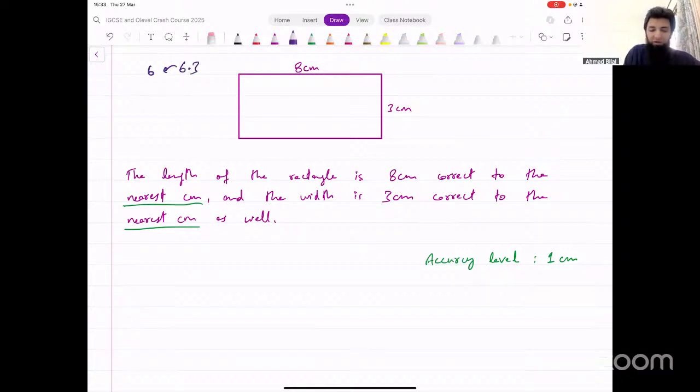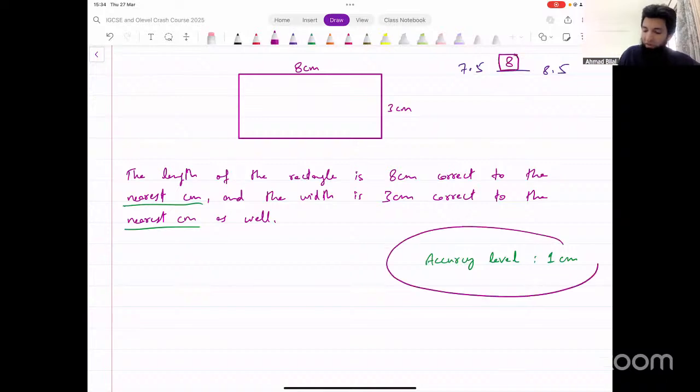If you had 7.4, that would round off to 7. So what possible values can round off to 8? Basically, any value that is between 7.5 and 8.5 is going to round off to 8.